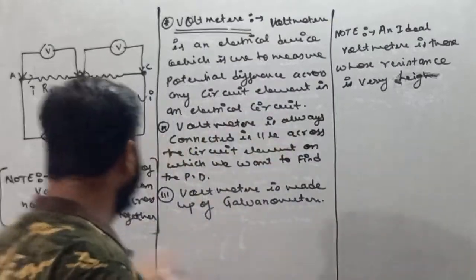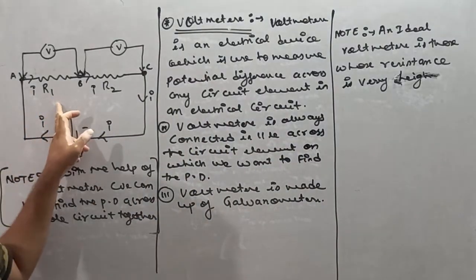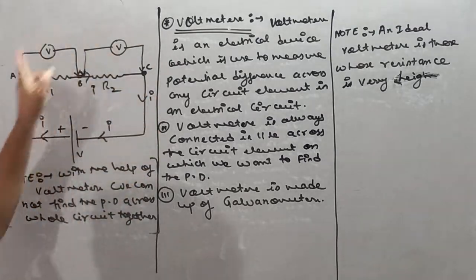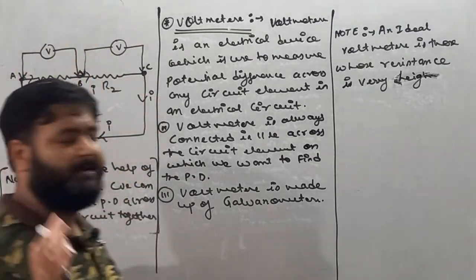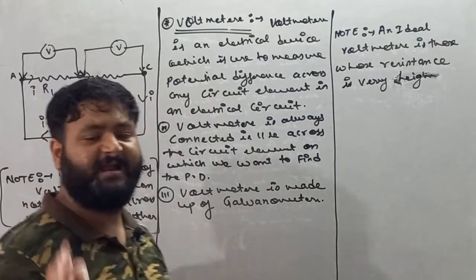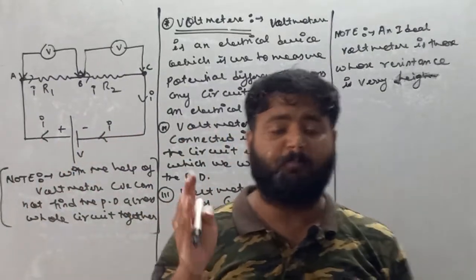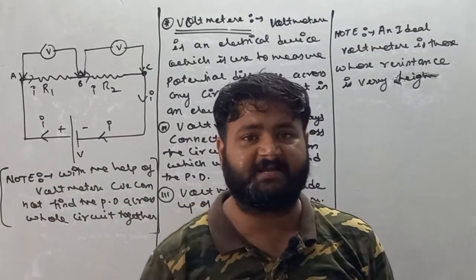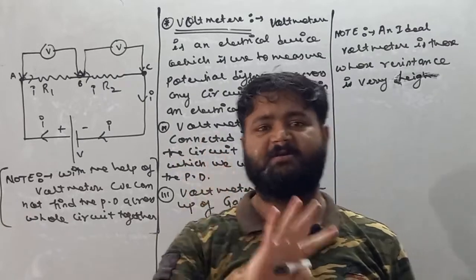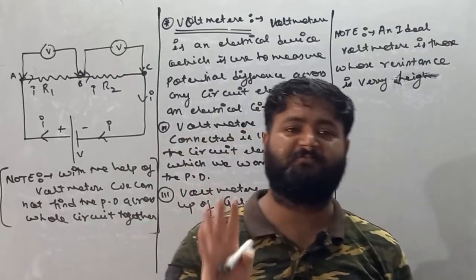Now see my dear student, voltmeter cannot find or detect the potential across the whole circuit together. So this is all about basic information of voltmeter.